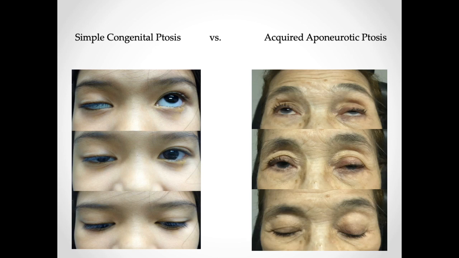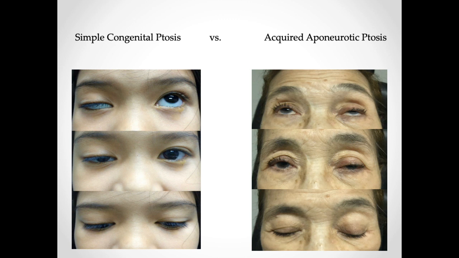These pictures will give you a better understanding of the differences I just stated in that table. If you notice, there is no eyelid crease and a higher lid crease for the older patient.